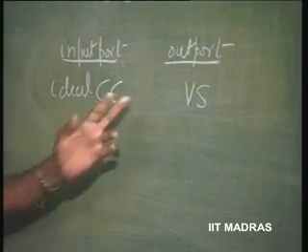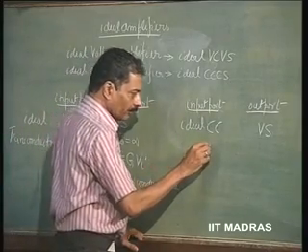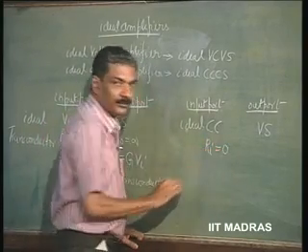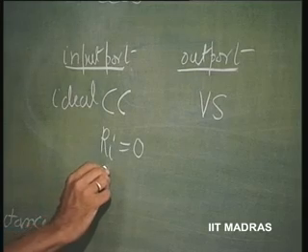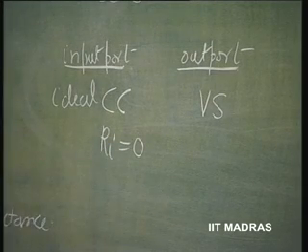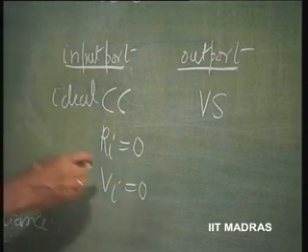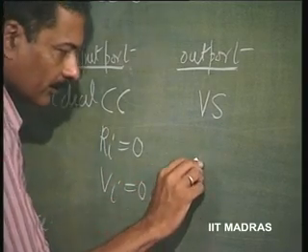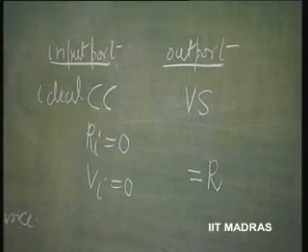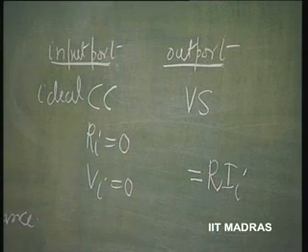It is a current controlled voltage source amplifier. Let us see, current control means Ri of the amplifier is 0. Therefore, we have, just as Io here, Vi equal to 0, and it is a voltage source. So, voltage is equal to resistance R times Ii, the input current.